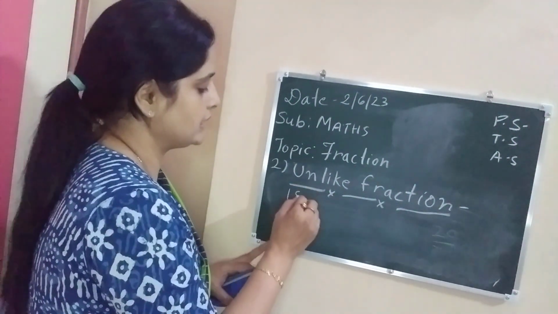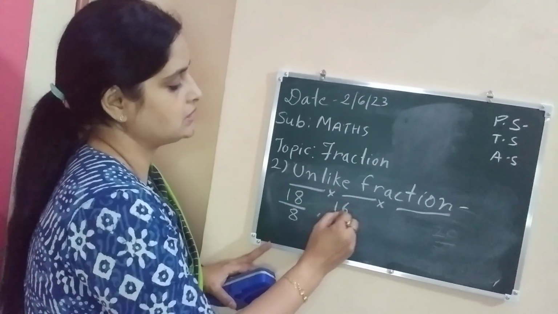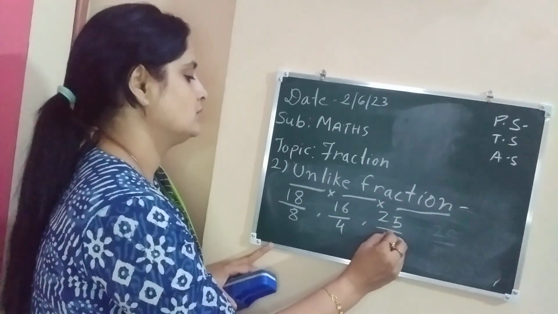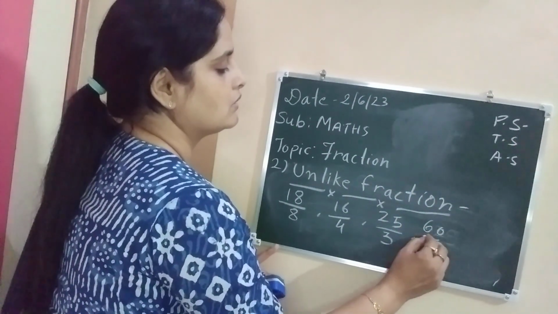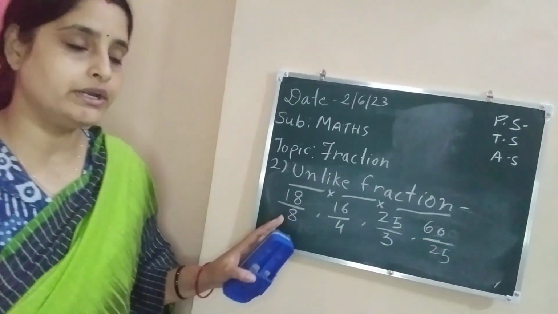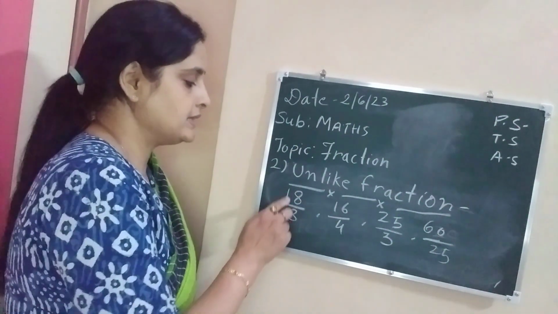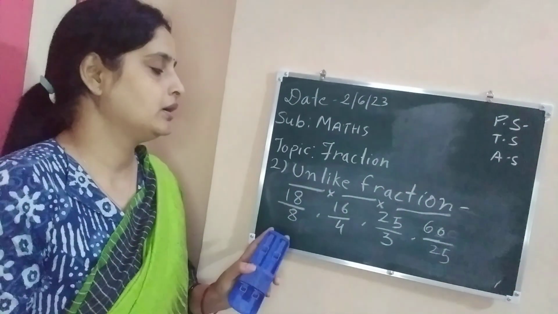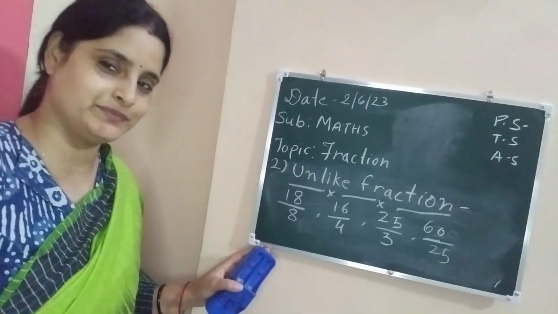Take examples: 18 upon 8, 16 upon 4, 25 by 3 and 60 upon 25. We continuously observe that the denominator is less than the numerator. So this type of fraction we call the unlike fraction. Very nice.